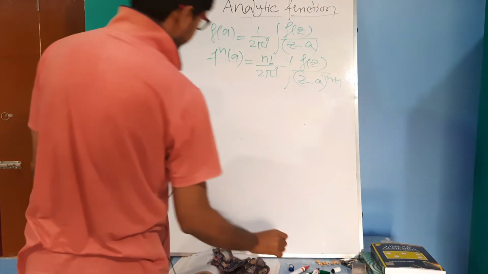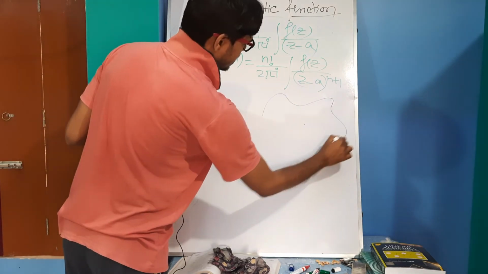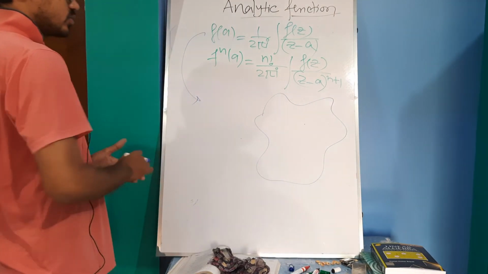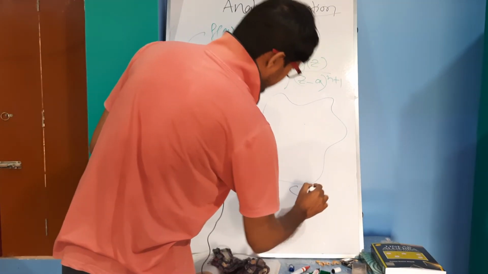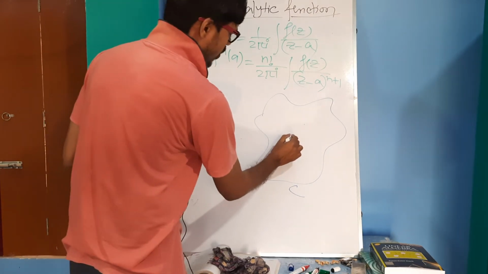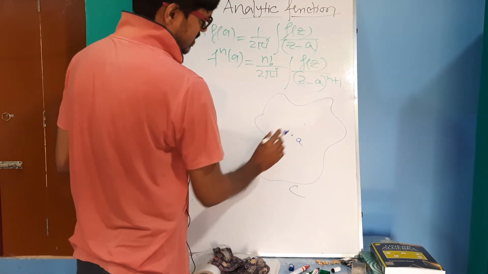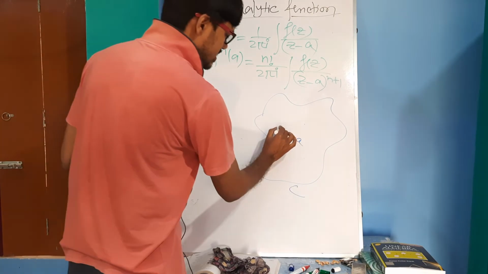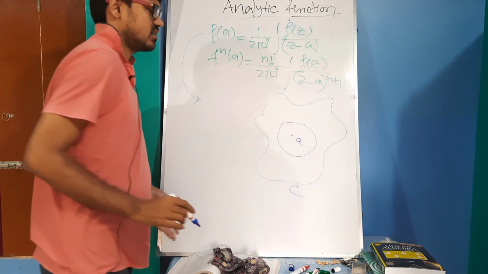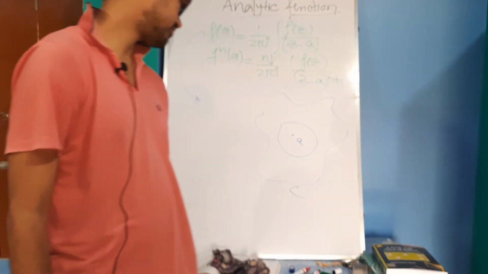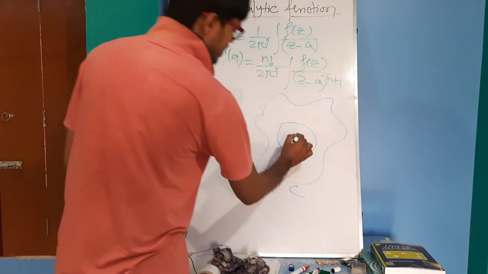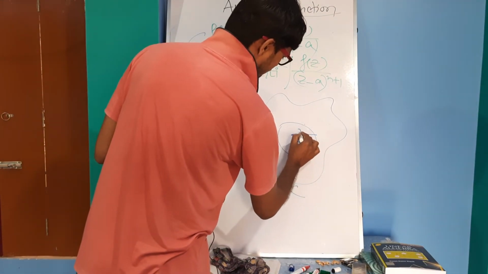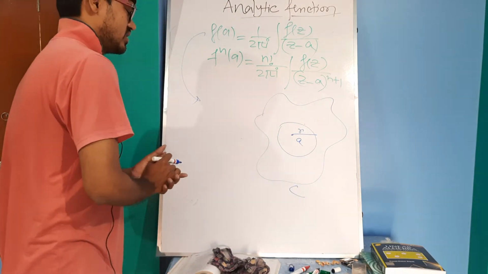Okay, let's start. This function, if you take this closed contour C and take a point here, A, just take a circle, taking A as center, and take the radius as small as possible, r.